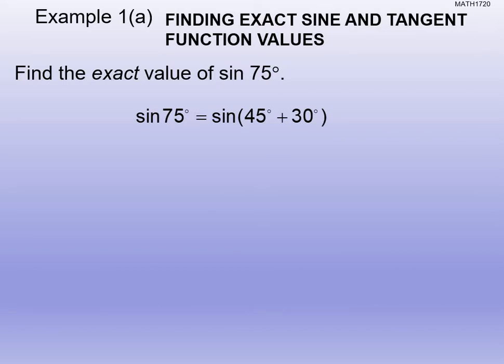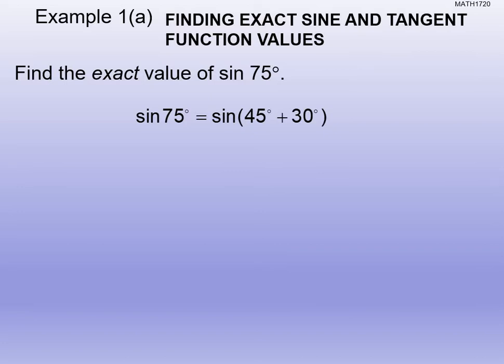We know how to find sine of 45, right? It's a 1, 1, square root of 2 triangle. And we know how to find sine of 30, right? It's a 1, square root of 3, 2 triangle. So, based on everything we've been doing from chapter 1 in the book, we're going to solve these.